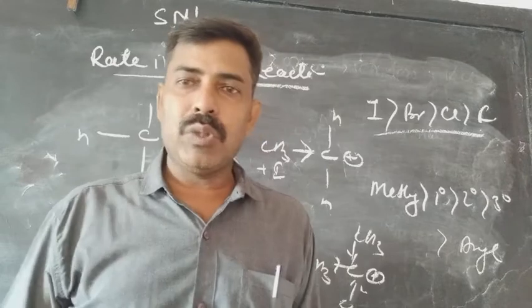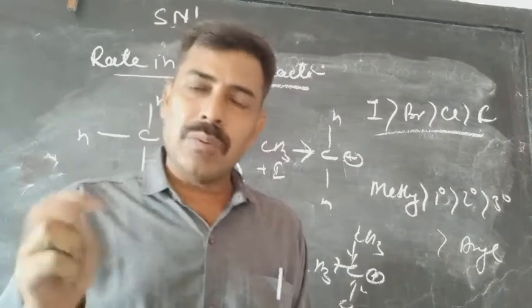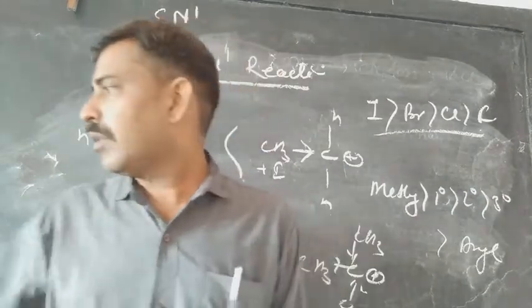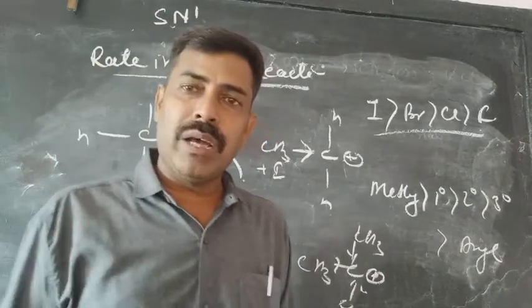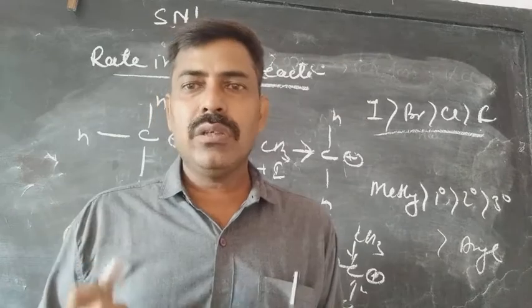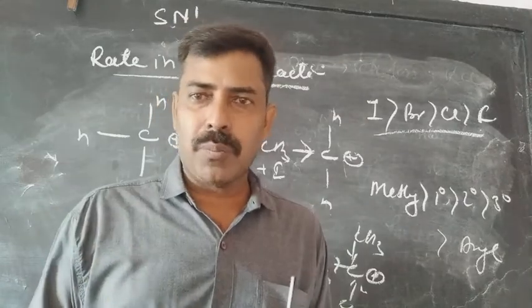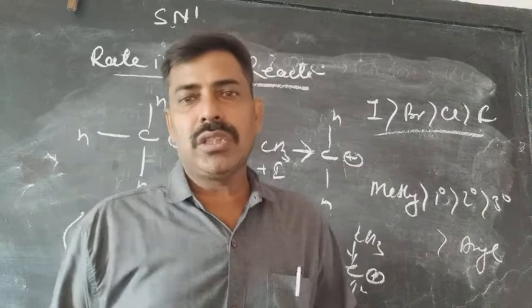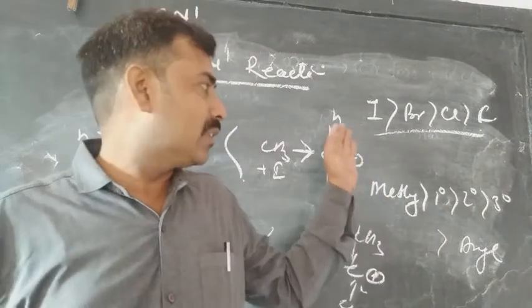Why? Due to the cleavage property. Iodine has the greater bond length, having greater cleavage property, whereas chlorine and fluorine have a smaller size, smaller radius, and smaller bond length, so they have the smaller cleavage property. And this is the rate of reaction in the case of the SN1 reaction.